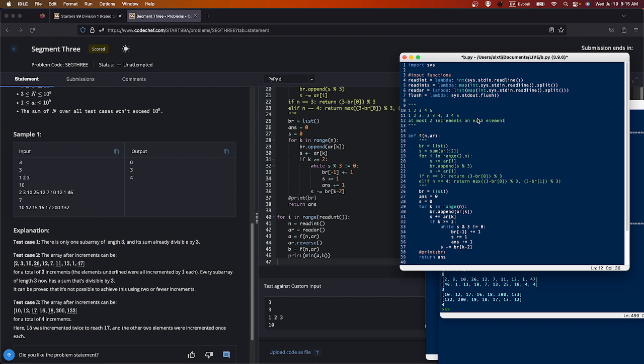We don't really know the optimal way. This is an optimization thing, so we can't entirely tell if this number of increments will work or not. So binary searching is not really there.